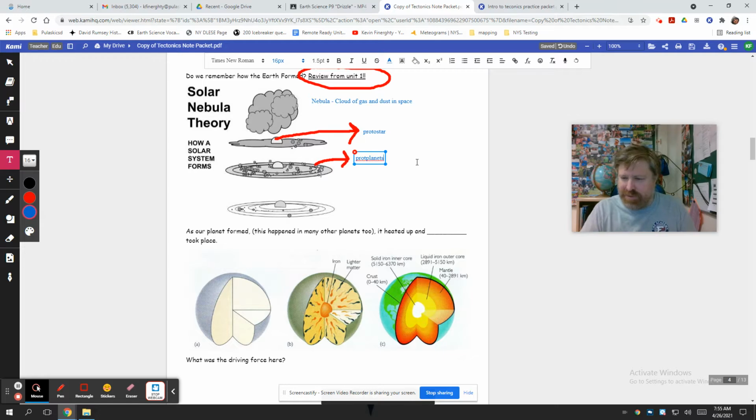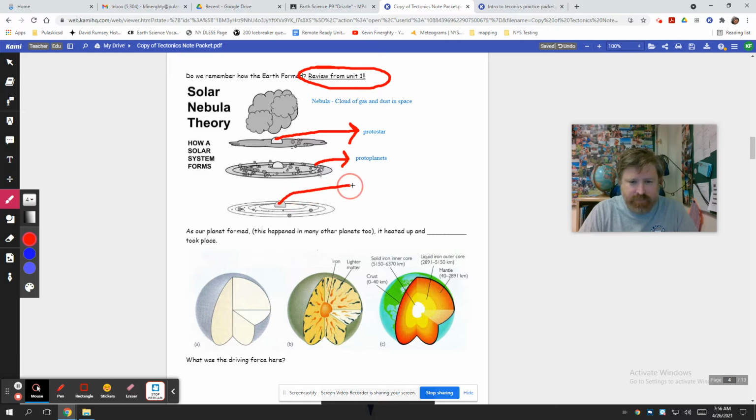Proto just means an early version of, like a prototype, you know, protostar. Protoplanets. There we go.